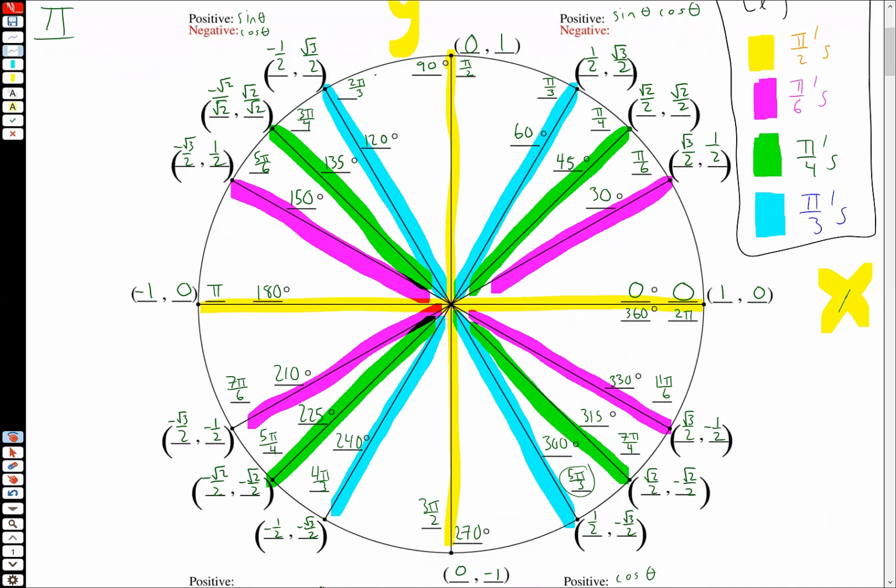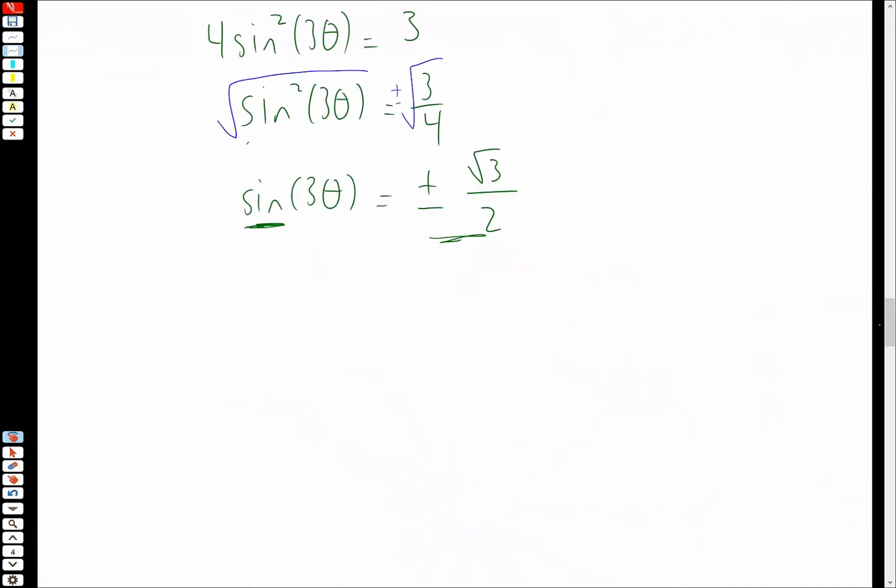Okay. So if you look at your unit circle, you'll see you'll get pi over 3, 2 pi over 3, 4 pi over 3, and 5 pi over 3. So all of our pi over 3's in this case. Now again, we can't just say theta is equal to these multiples of pi over 3. We have that 3 theta is equal to all of these.